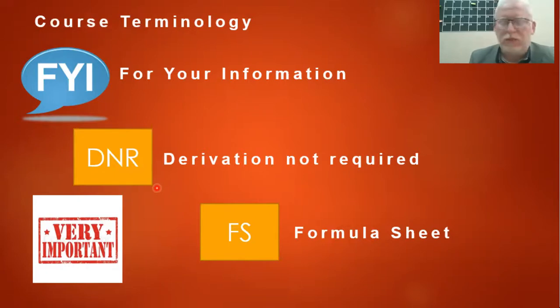Very important, of course, means it is very important. And FS is a formula sheet: this equation will be given in the formula sheet. So these are just demonstrative symbols in order to make the slides more interactive. And instead of writing long sentences, you can just pick up the information by following this sign.